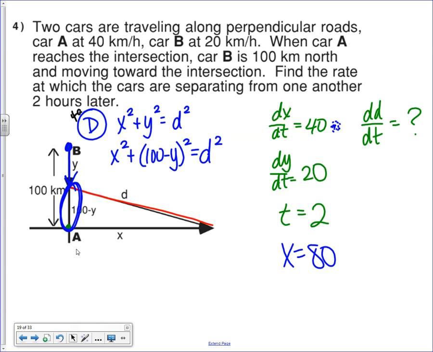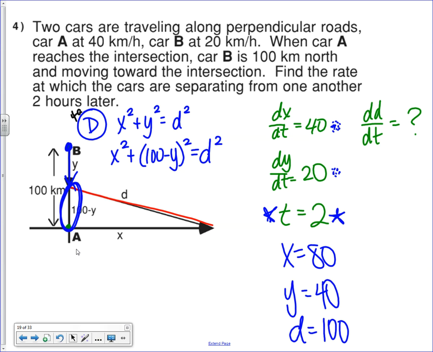And 20 times 2 means that my y is going to be 40. Then you can use your Pythagorean theorem to figure out that d is going to need to be 100, and I would suggest that you verify that. These numbers in blue cannot be plugged in before deriving, because they are going to be changing. They're not part of the static equation. Notice that we had to use this time in order to calculate those numbers.